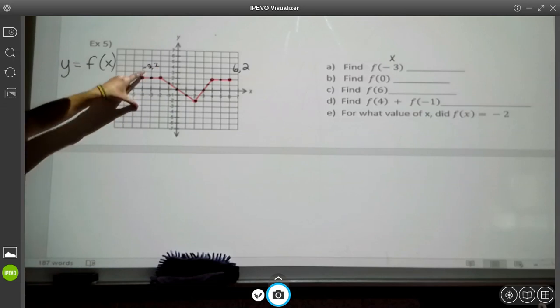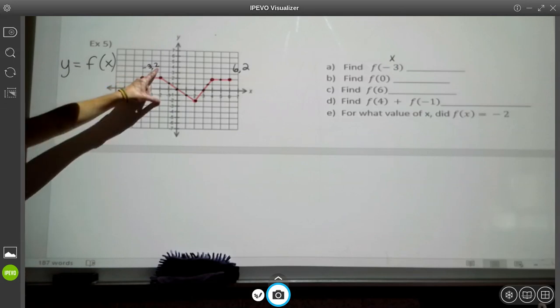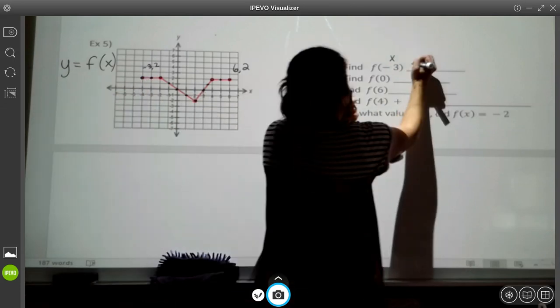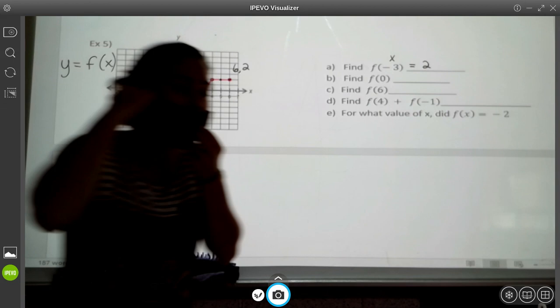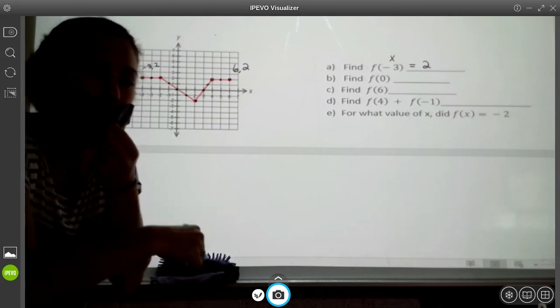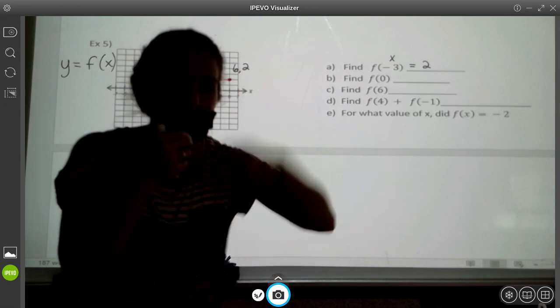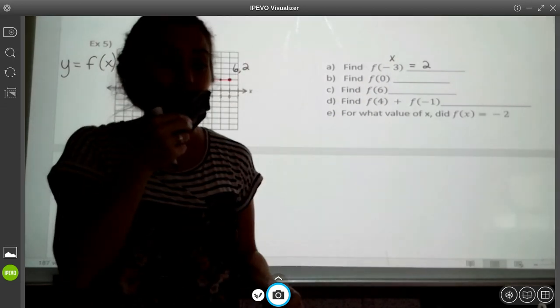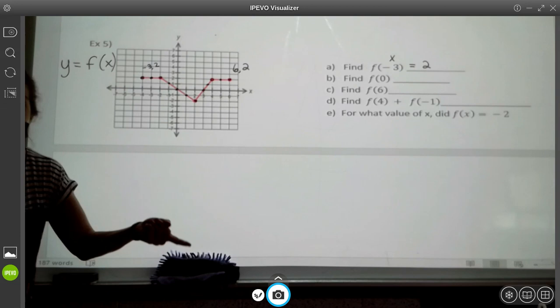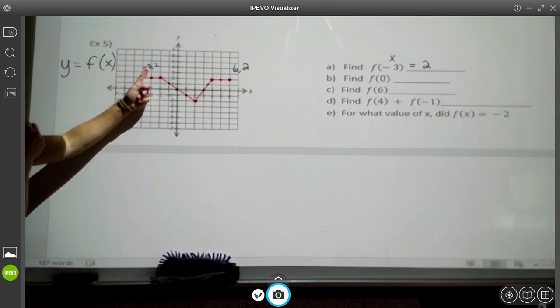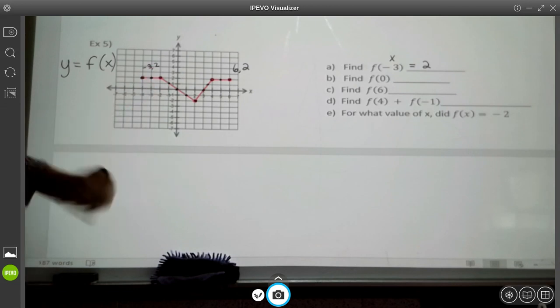So that means that when -3 goes into this function, the function spits out 2. The answer to this question is 2. So it's actually easier than when they give you the written rule. Because when they give you the written rule, you've got to plug -3 in and do the math. Here you don't have to do the math. The graph is like a cheat sheet. It tells you, oh look, -3 went in, 2 came out. So it should be easier, as long as you know how to read it.